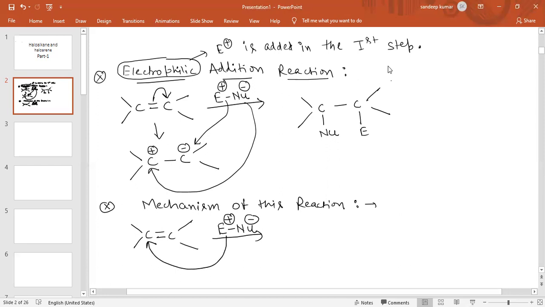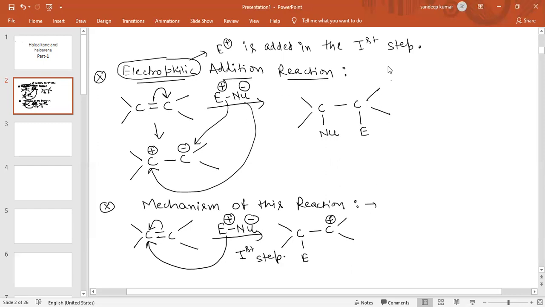If the electrophile attacks on this carbon, this pi bond will break in such a way that this carbon bears negative charge. So after the attack of the electrophile on this carbon atom, positive charge will come on this carbon atom. So this is the first step.